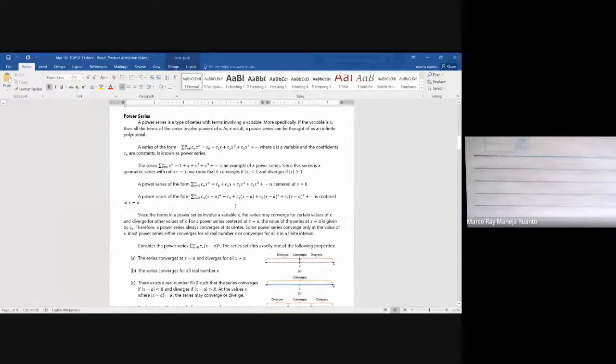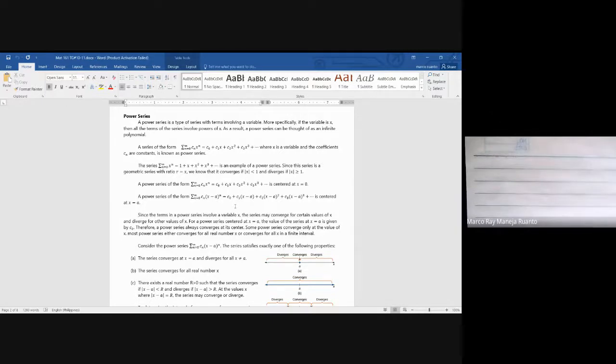Power series, class, is basically the generalization of the topic that we had last time. In the previous lesson, we only have the variable n, which indicates the natural number.